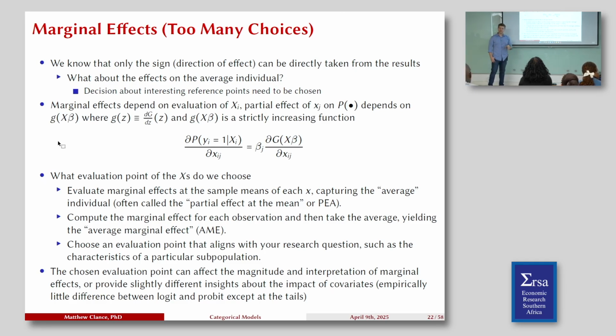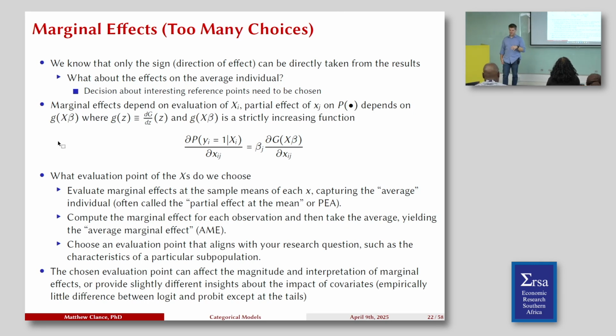There are a few small differences, but for this analysis, we can usually group those together. So that's one evaluation point. The other is to compute the marginal effects for each observation and then take the average. So I give everyone their particular characteristics, calculate the propensity score for each of them, and then I take the average.